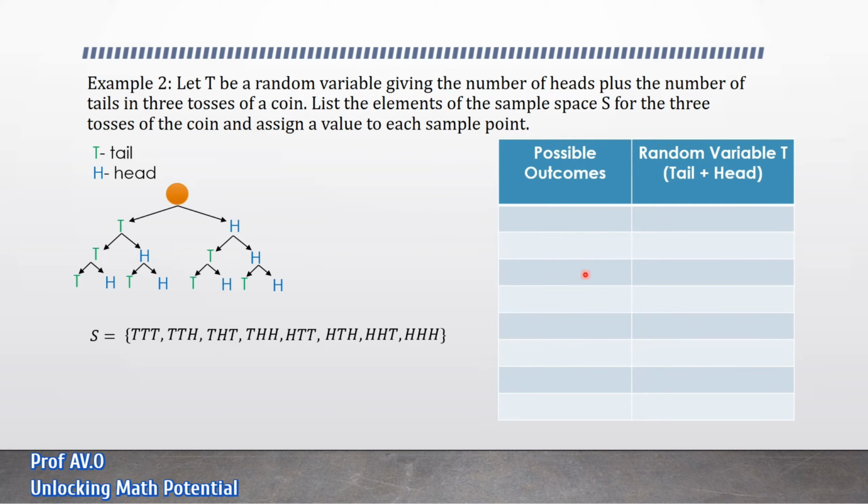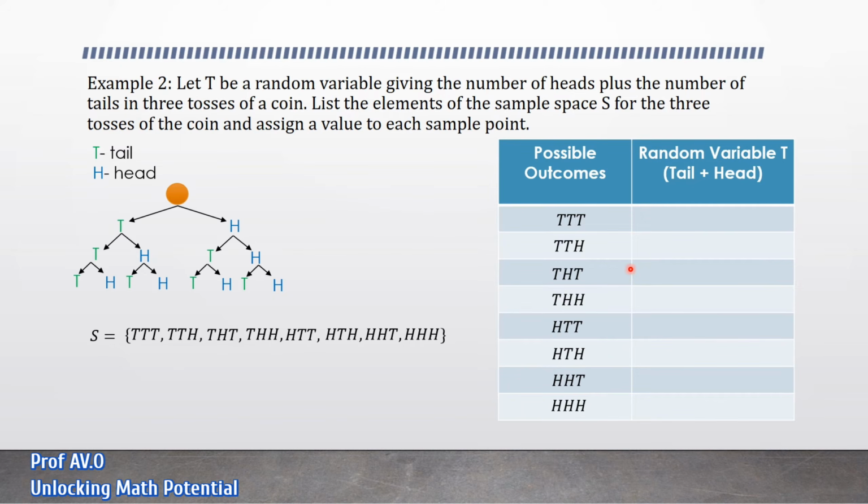So again, our first column is the possible outcomes, followed by the random variable T. So what is our random variable T? It's the number of tails plus the number of heads. Our possible outcomes we just get from the sample space: TTT, TTH, THT, THH, HTT, HTH, HHT, HHH.